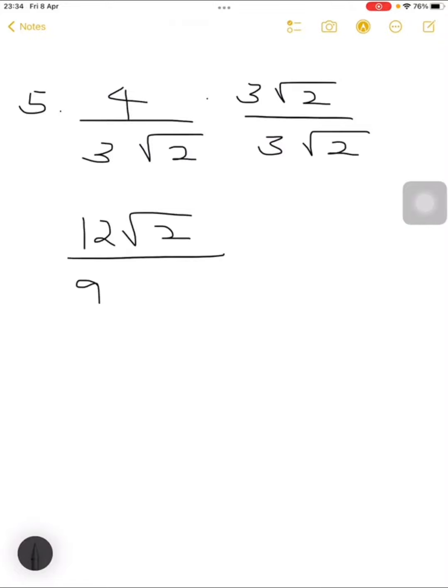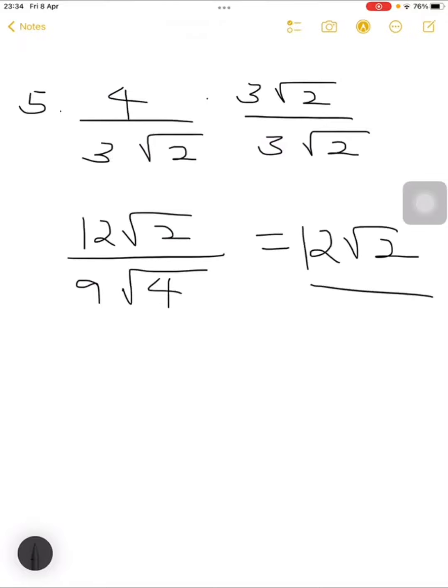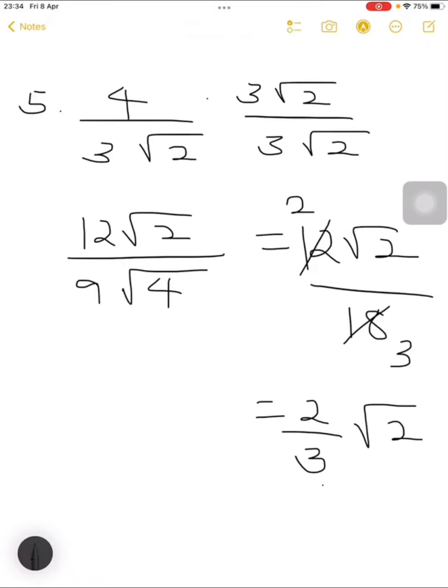Root 2 multiplied by root 2 is root 4, which is 2, so 9 multiplied by 2 is 18. Then we can simplify further by 6, 2 by 6, 3, and therefore the answer is 2 root 2 all over 3, and you're done.